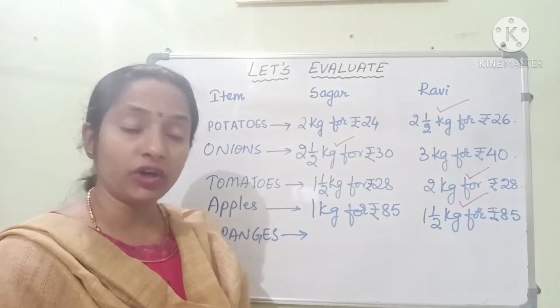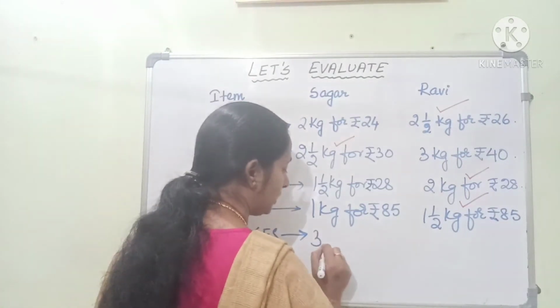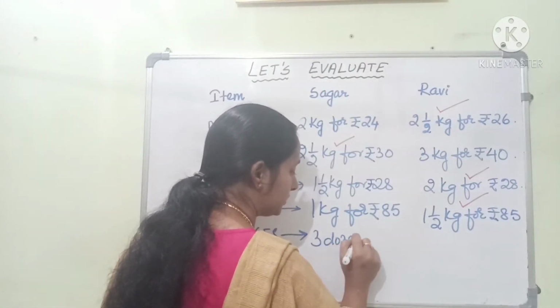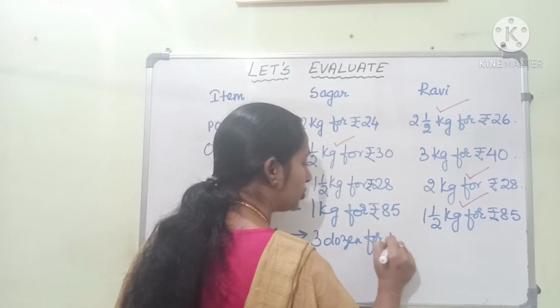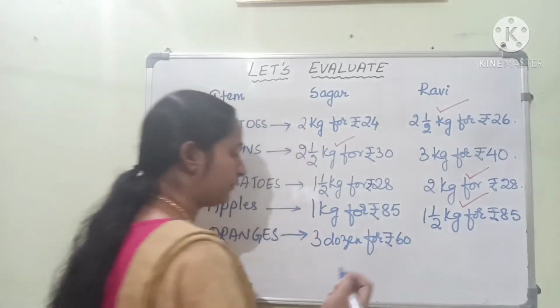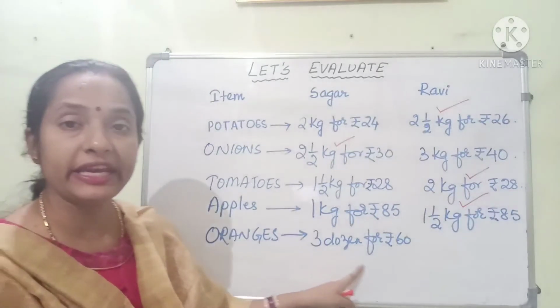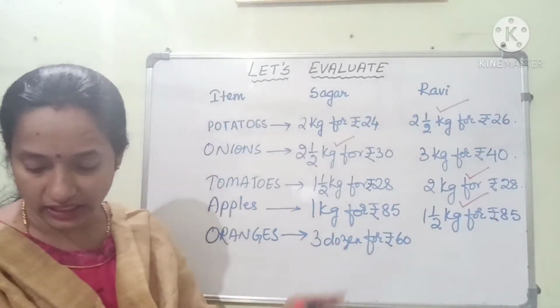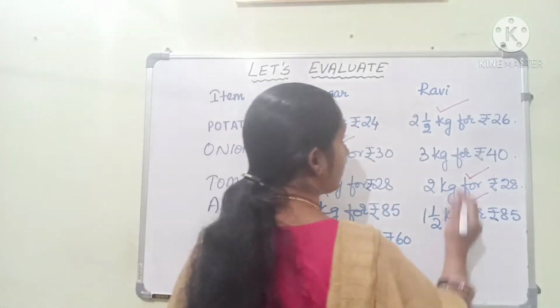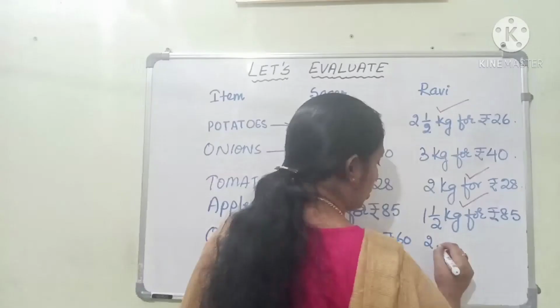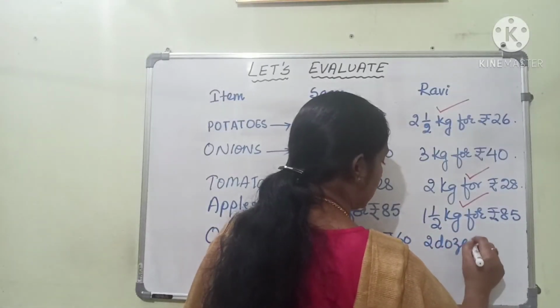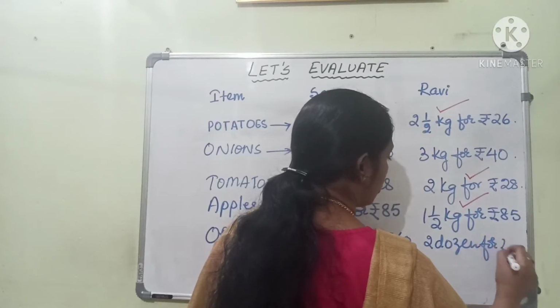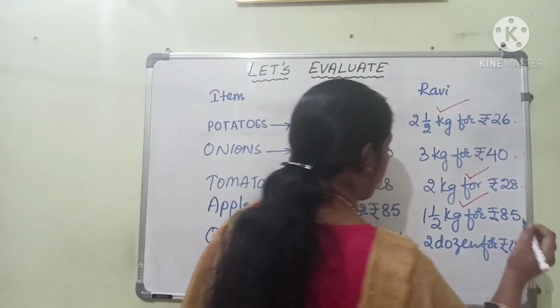Three dozen for rupees 60. So Sagar bought 3 dozens of oranges for rupees 60, whereas Ravi bought 2 dozen for rupees 40.